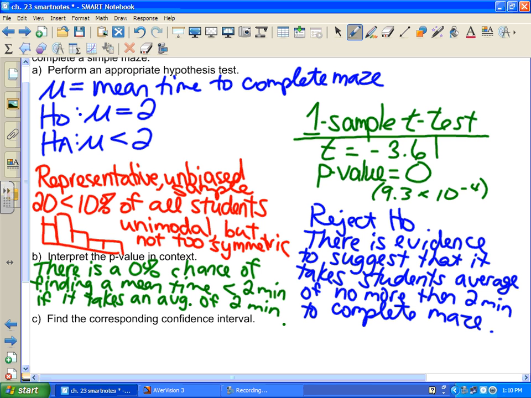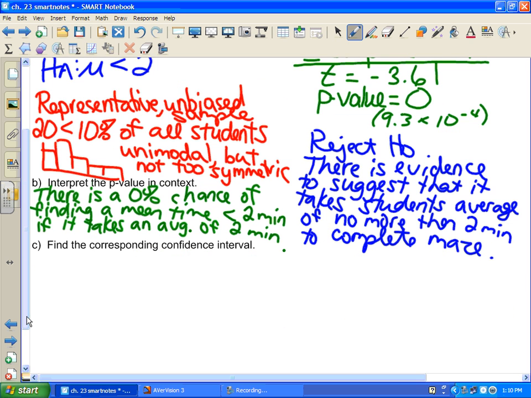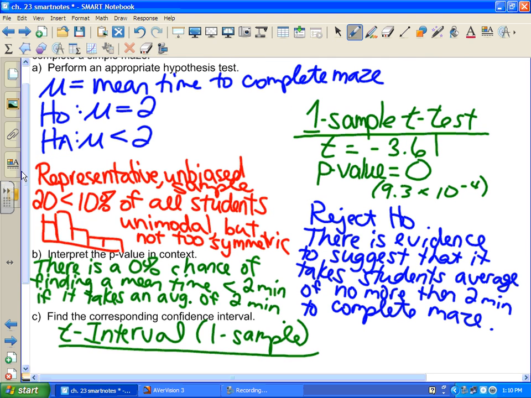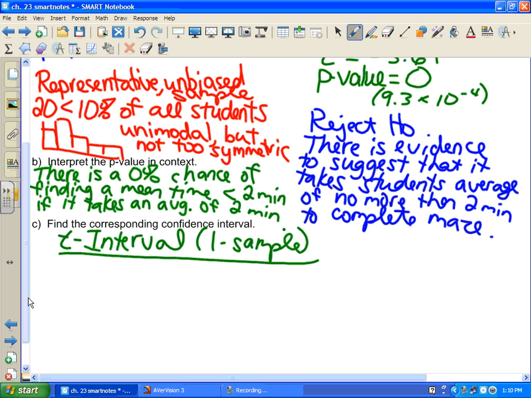Okay, quickly, this is easy because you already have your calculator. The corresponding confidence interval. This is what we did Friday, go to the t interval in your calculator, it's a one sample t interval. It saves everything, but there's one thing we have to change: the confidence level. We could use 95 because we didn't really have a significance level in this one.